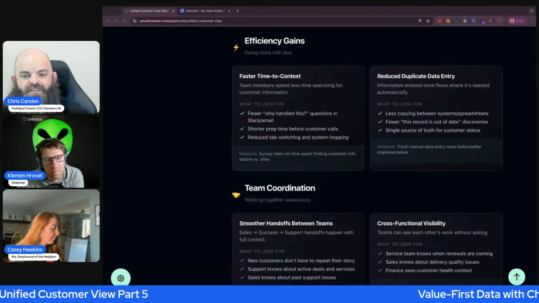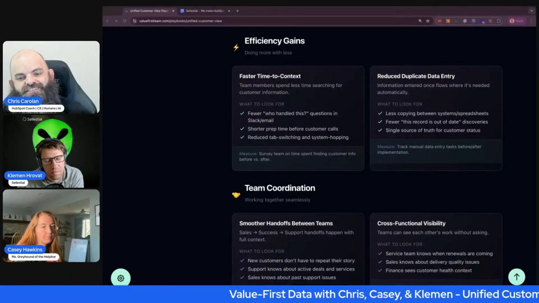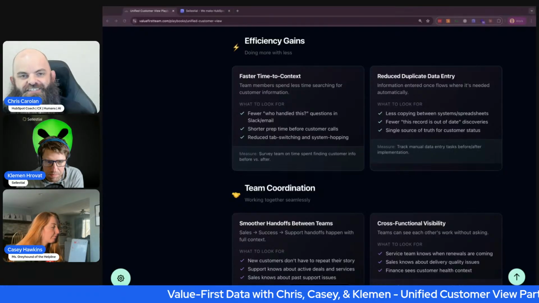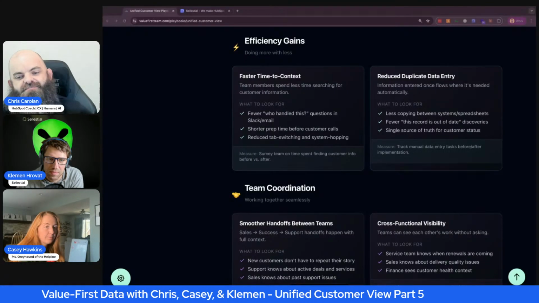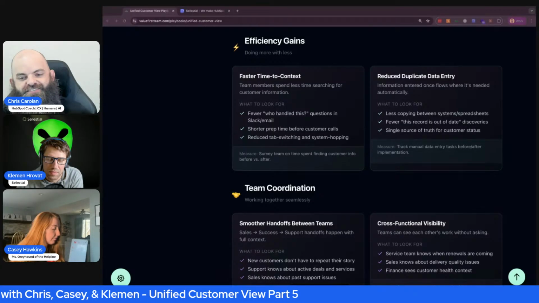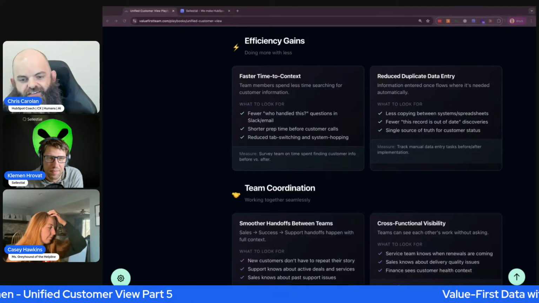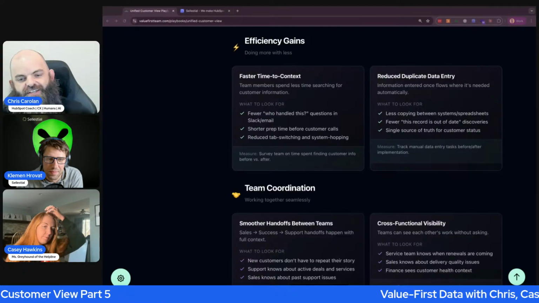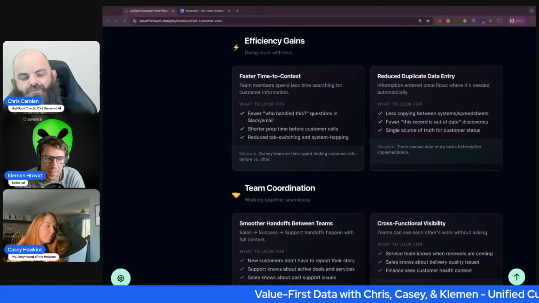So team members spend less time searching for customer information, fewer "who handled this" questions in Slack or email, shorter prep time before customer calls, and reduced tab switching and system hopping. Measure by surveying team on time spent finding customer info before versus after.